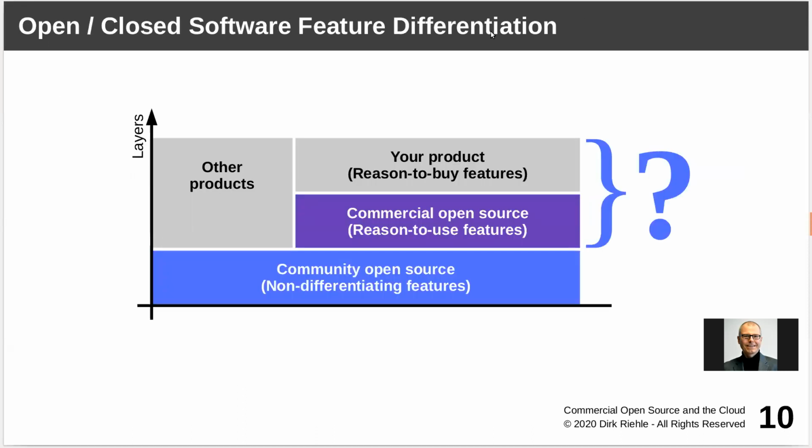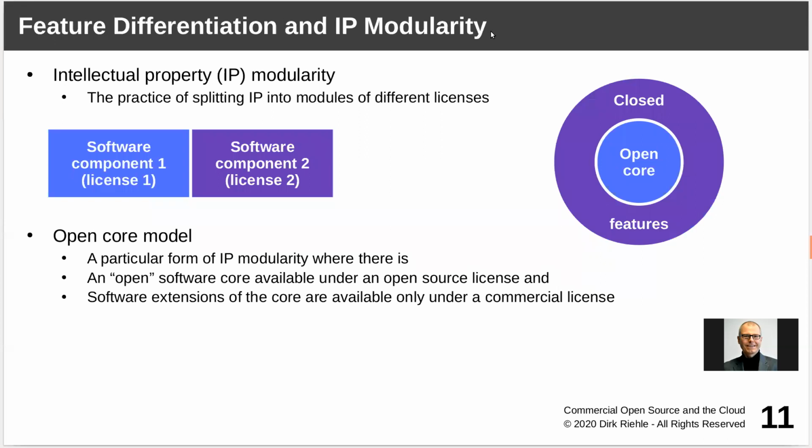And you can look at this in this stacked way, where the key now becomes, how do you make this distinction? How do you differentiate what is a reason to use that is available for free and the reason to buy features? So you have to withhold something. What is that? How could that be?